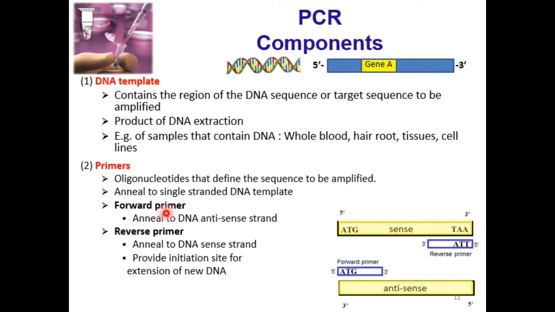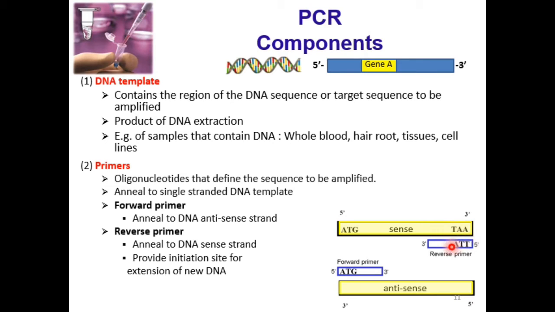We need the forward primer, which will anneal at the antisense. Don't forget that you are dealing with a double helix DNA, so you have the antisense strand and the sense strand. The forward primer will come and anneal at the antisense, and the reverse primer will come and anneal at the sense strand.